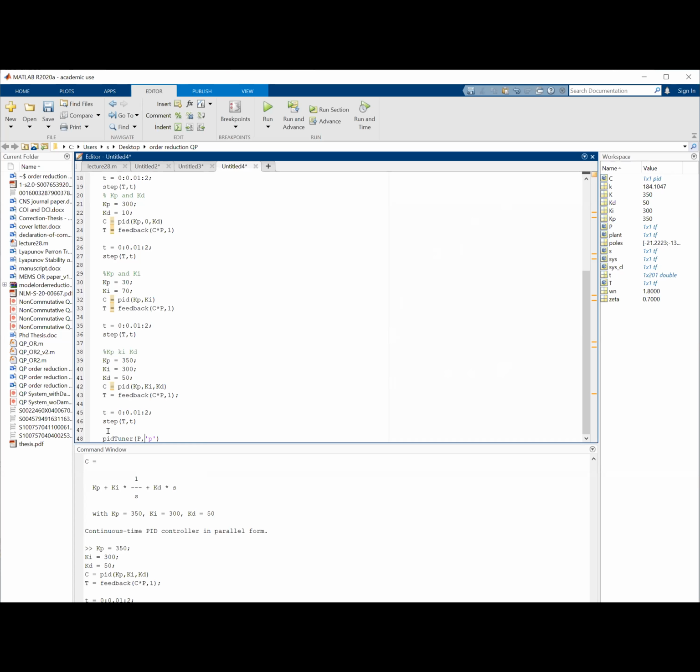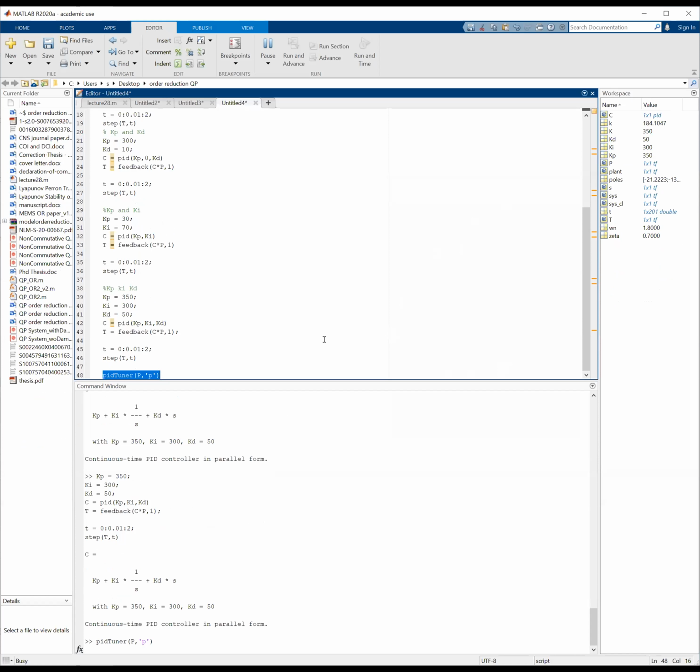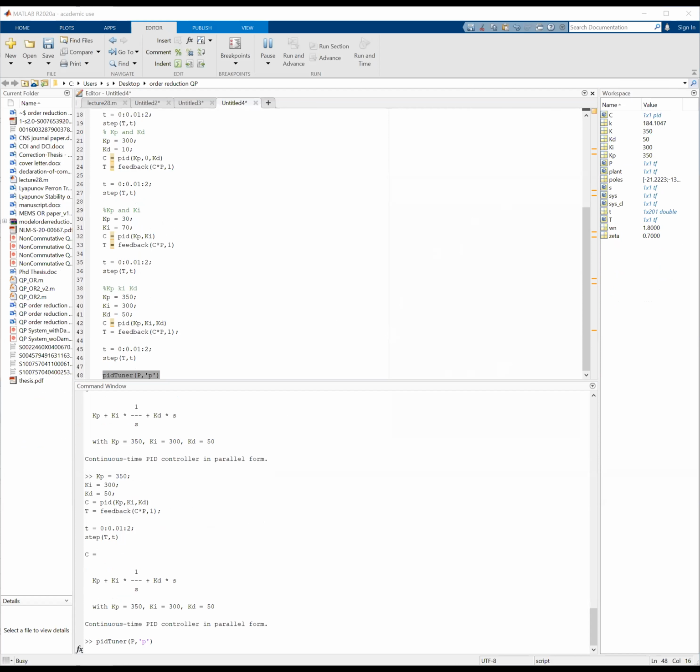So this is the command PID Tuner. And once you click, the PID Tuner will open. And I will show you in just a second how that PID Tuner looks.